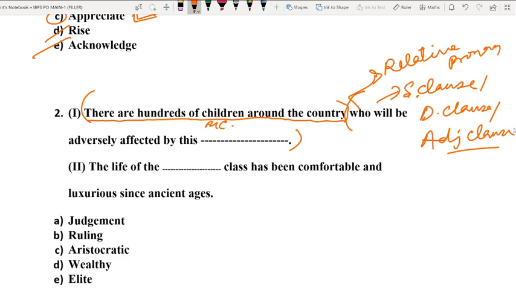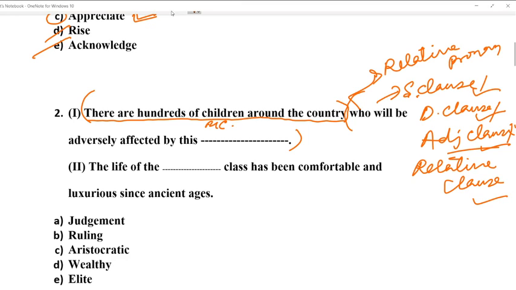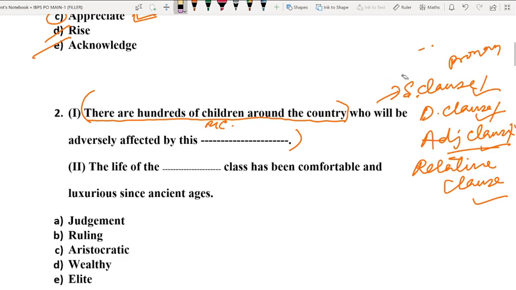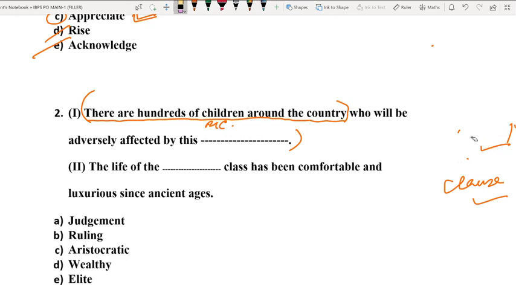Or we can also say that this is a relative clause. So the subordinate clause used in this sentence can be named a subordinate clause, dependent clause, adjective clause or relative clause. And the word who used here is a relative pronoun. Please don't forget, it is very important to know. That's why I spent some time here to give you some idea on that.